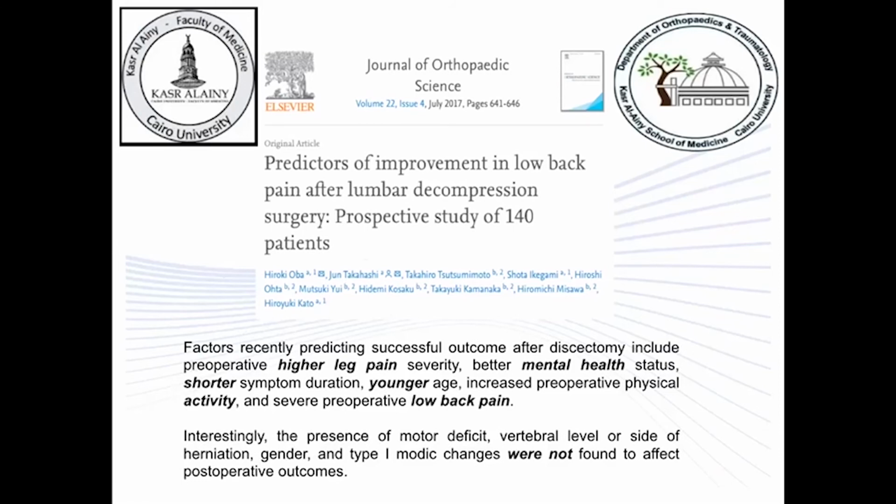And surprisingly, the presence of motor deficit, the level affected, or the side of the herniation, the gender, and type 1 Modic changes were not found to affect postoperative outcomes.